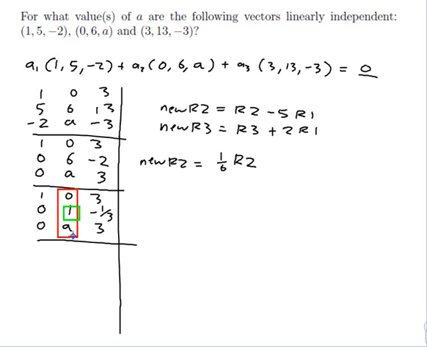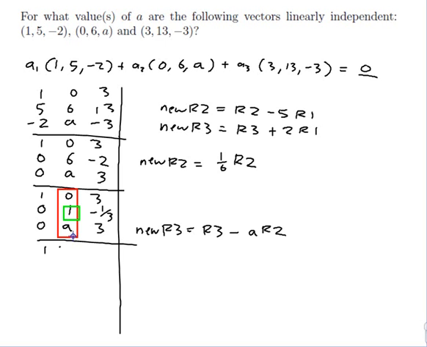It's already a 0 above, need a 0 here. So if I take off A times row 2, that'll produce a 0 where I want it. So my new row 3 is row 3 minus A times row 2.